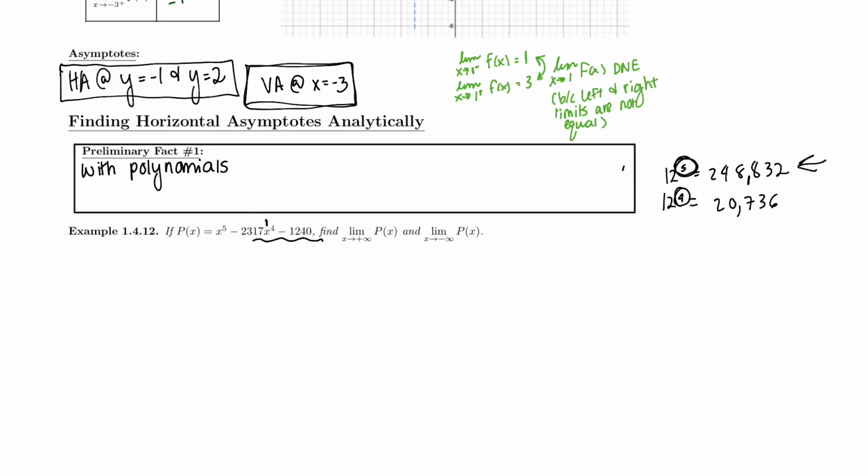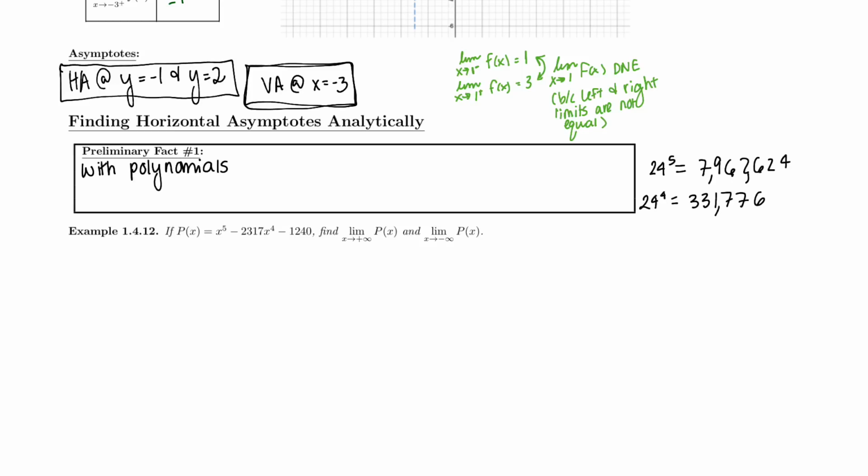So if I use 24 to the fifth, this is the number 7,962,624, so 7 million, and 24 to the fourth is 331,776.